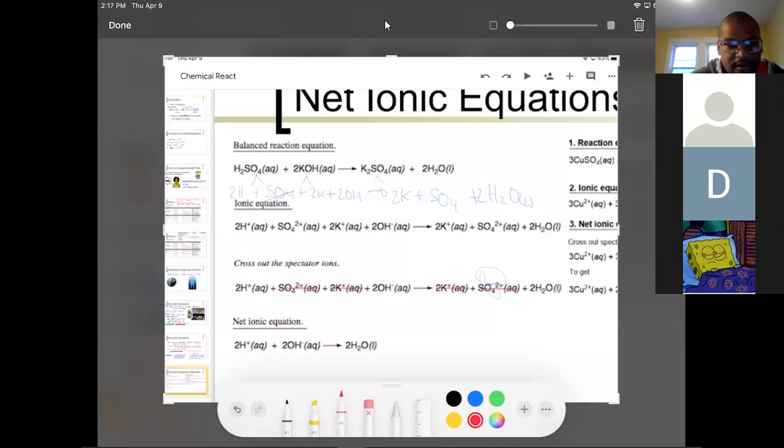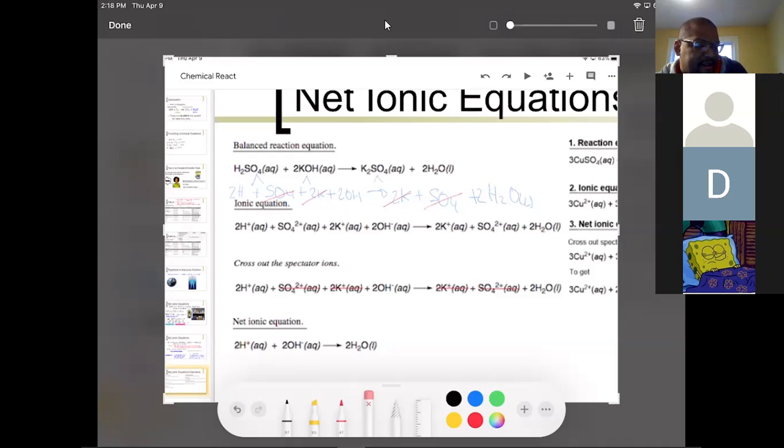So what's left over is the 2H plus 2OH goes to H2O. For some reason, it's not keeping up with what I'm doing, but oh no, it is. And so the product that we have at the end is 2H plus 2OH goes to H2O. And so that's how it works.